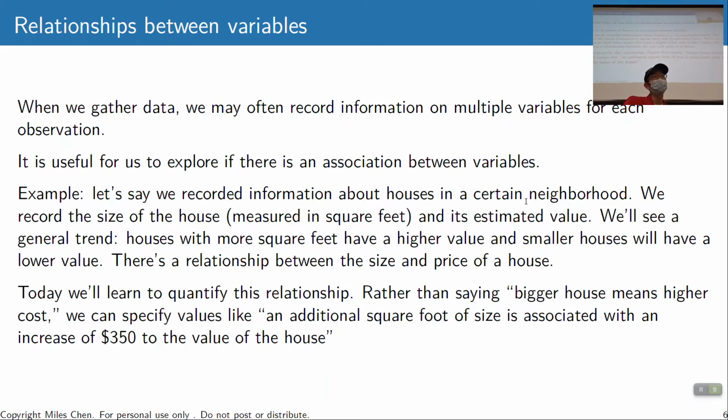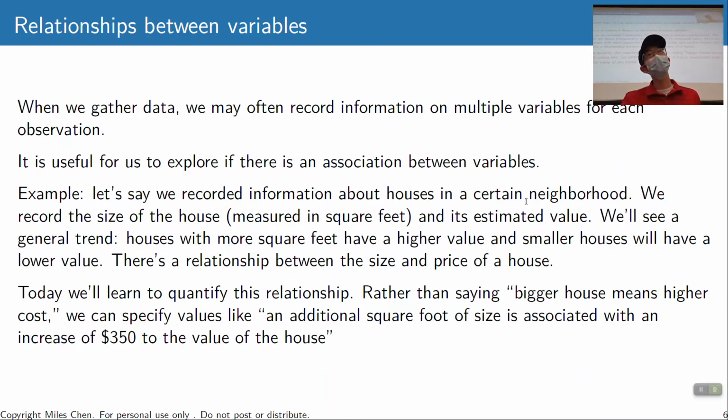Or if another house is 100 square feet bigger, we expect it to cost, according to this, $35,000 more than the other house, or something like that, okay? We want to be able to quantify and not just say bigger houses cost more, smaller houses cost less, but specify exactly what we mean.